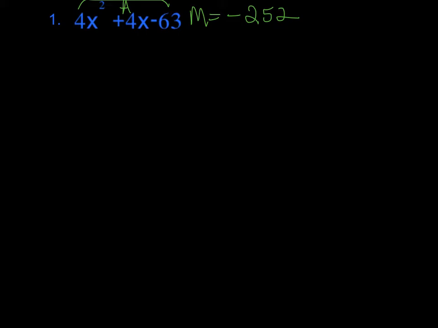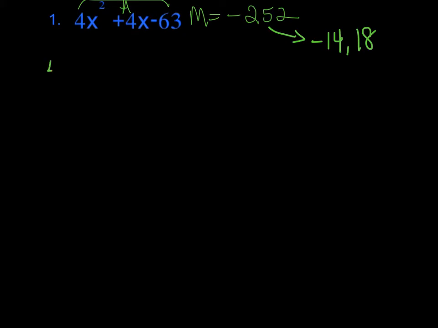Now, don't forget that in your calculator, you can go to your y equals and do negative 252 divided by x and go through the table, and it'll help you come up with numbers that you probably wouldn't come up with in your head. So what multiplies to negative 252 and would add to a positive 4 is a negative 14 and a positive 18.